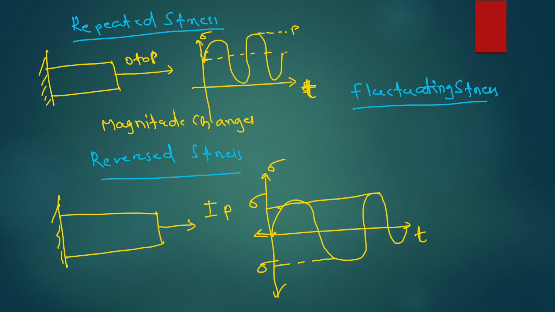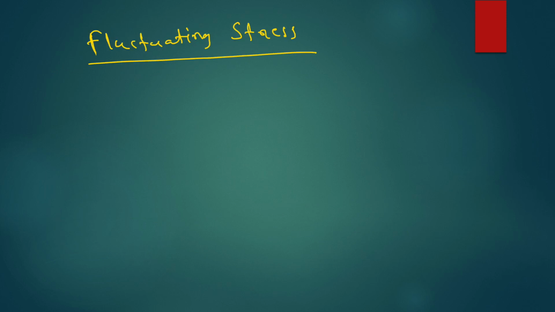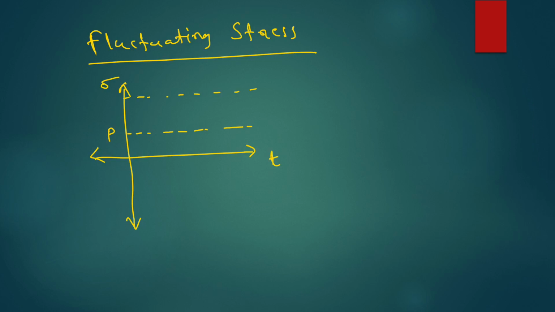In case of fluctuating stress, here only the magnitude changes. Sigma versus time, but the minimum won't come to 0. So let this be P, then this is 2P, and it will fluctuate like this, P to 2P.